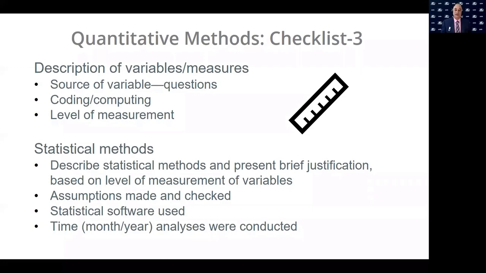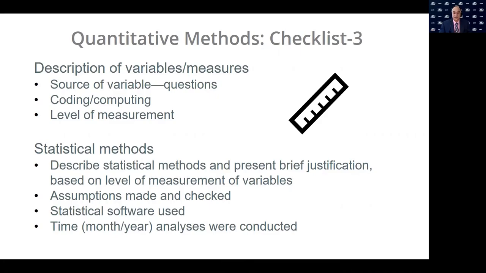You don't want to over-describe them, but you have to give sufficient detail so that your readers and reviewers would know if the statistical methods or other things are appropriate. Is the measurement appropriate given your questions and your hypothesis?